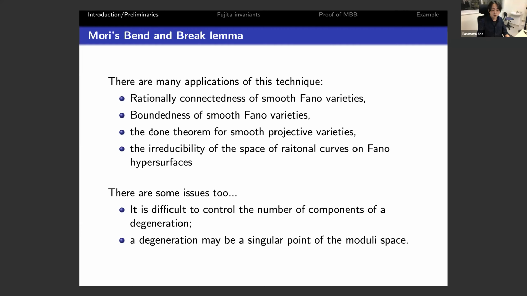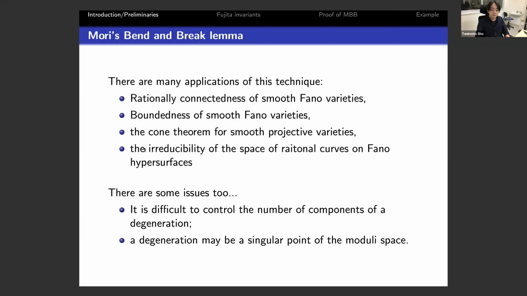Also the cone theorem: Mori originally proved the cone theorem using bend and break for smooth projective varieties. And also one can prove the irreducibility of spaces of rational curves on Fano hypersurfaces, started by Harris, Roth, Starr, and then finally also Riedl, Yang and so on.